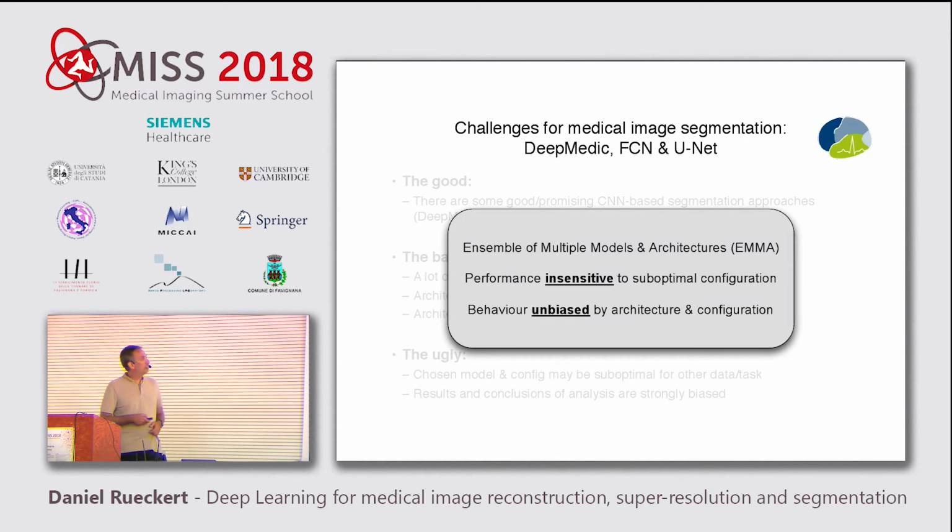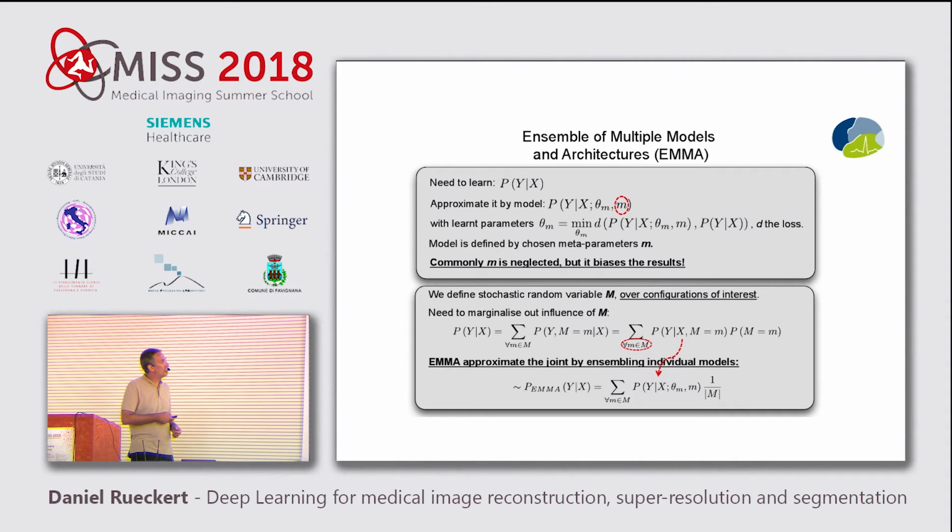There's an alternative approach, which goes back to something really well known in machine learning: if you want to build a really strong classifier, why not take multiple potentially suboptimal classifiers and combine them. This is something which we called EMMA, which we used for a MICCAI challenge last year for stroke segmentation.